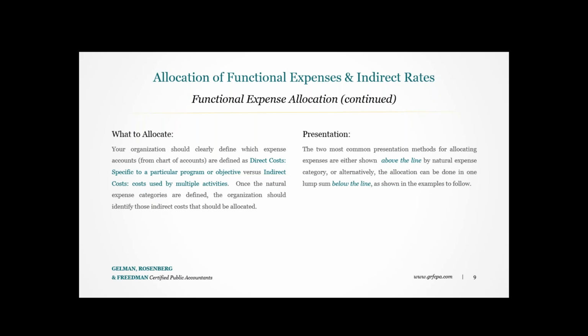I think the next thing that you would need to look at is then on a more granular level and taking a look at those costs, those natural expenses, and you're defining what is really a direct cost.